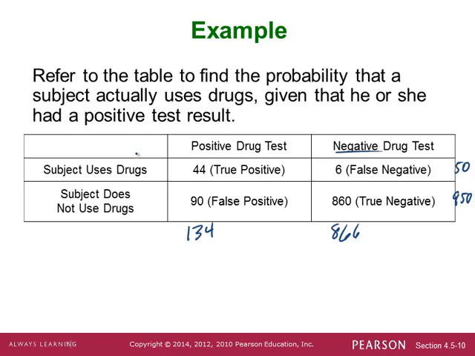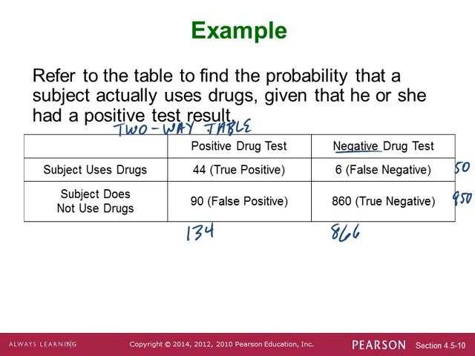By the way, this is an example of a two-way table, because of the fact that we've got two variables in play here. We've got the variable as to whether the subject uses drugs or not, and the other variable as to whether the test came back positive or negative.